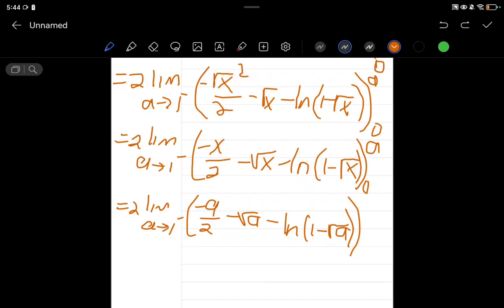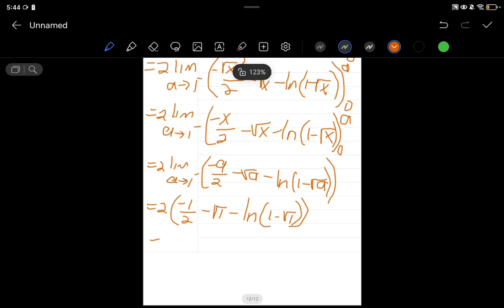Then this will be 2. Then I apply the limit. I have minus 1 over 2, minus 1, minus the limit of ln of 1 minus 1. Right? Then this would be 2 times minus 3 over 2 minus ln of 0, and this would be minus 3 minus 2 ln of 0.